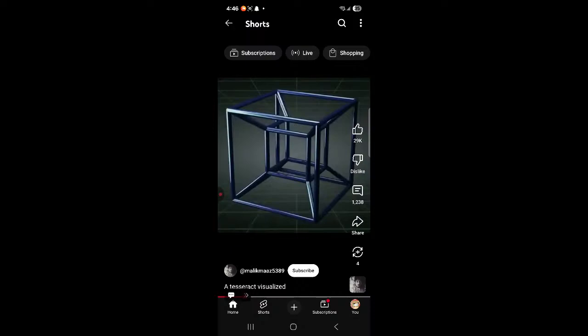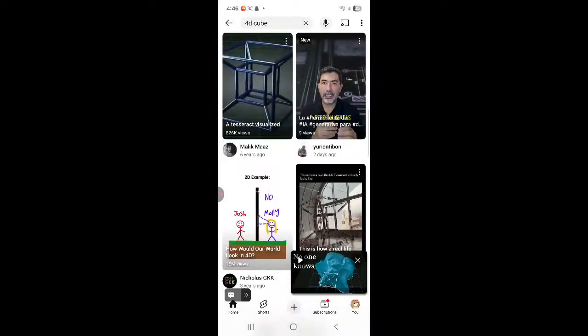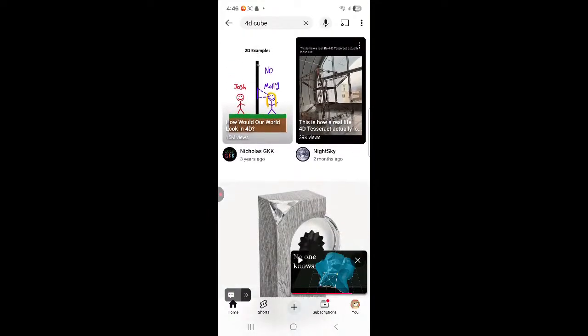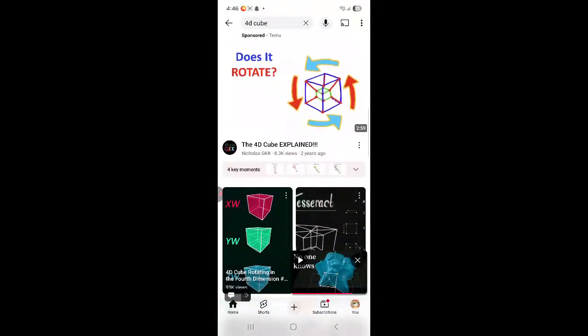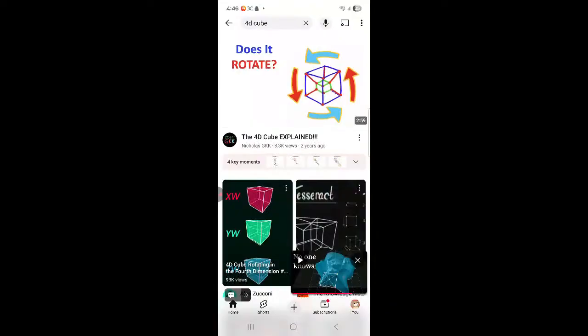So what's a real 4D cube? A true 4D cube, what happens is, the correct way to understand a 4D cube is to have a set of lenses inside the cube, okay?